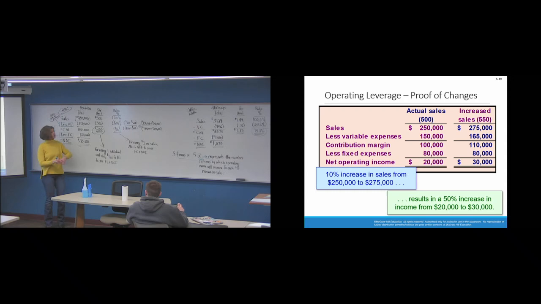So 550 units times $500 is $275,000, or we said another 25,000, because 10% of 250,000 is 25,000. 550 units at $300 is $165,000. Okay, so that gives me a little more contribution margin, obviously. Subtract fixed expenses, which did not change, and I end up with net operating income of 30,000. Now, 20,000 was my old operating income, 30,000 is my new.